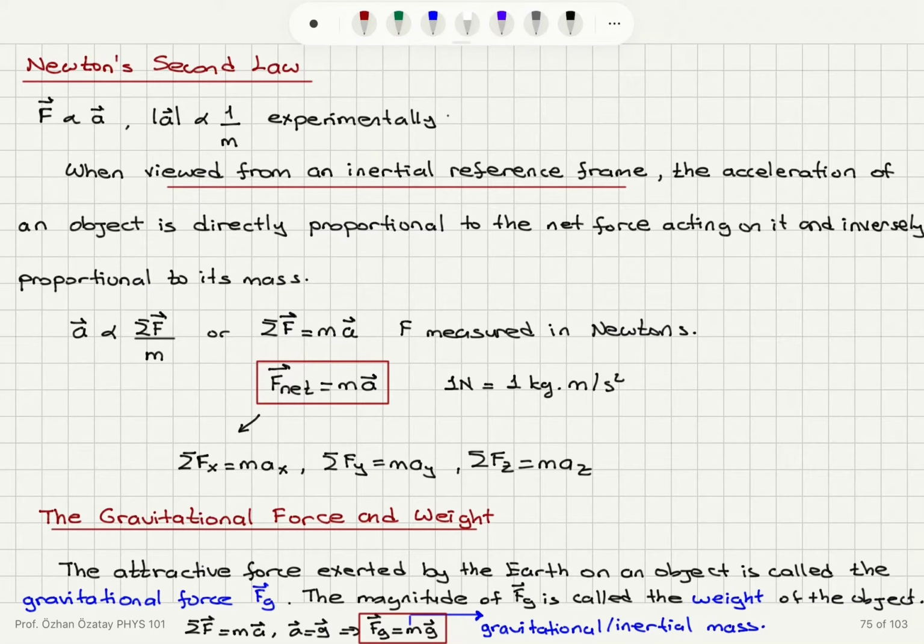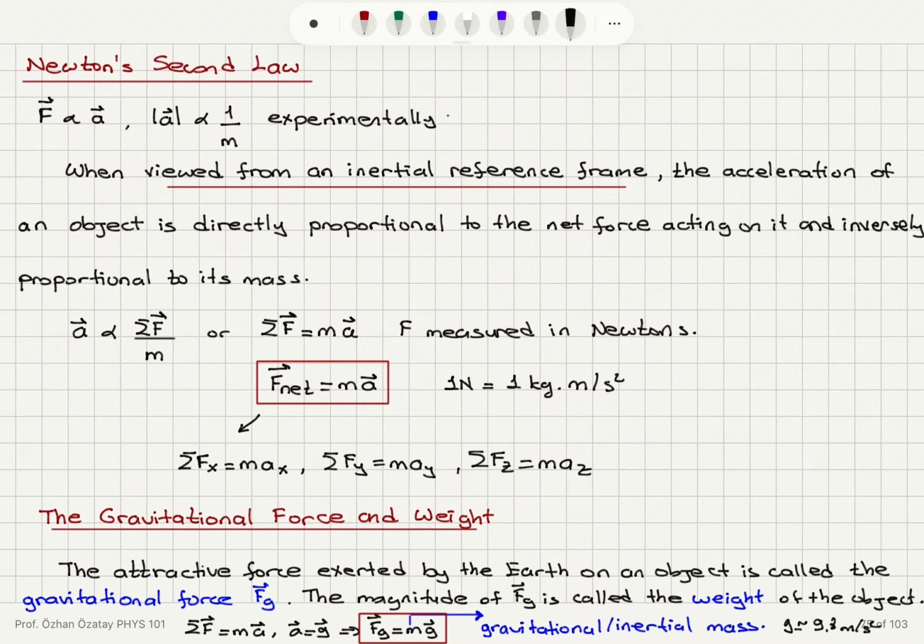As I mentioned, regarding the difference between mass and weight, we called the magnitude of the gravitational force on the object its weight. For an object on Earth, it's going to be due to the gravitational force on Earth, and gravitational acceleration on Earth is roughly 9.8 meters per second squared.